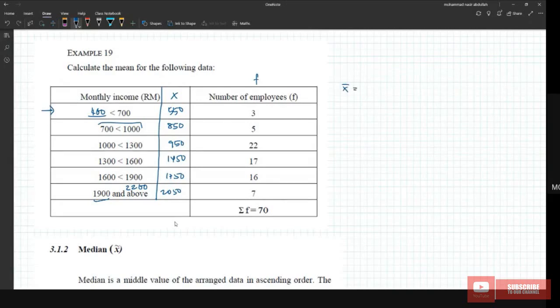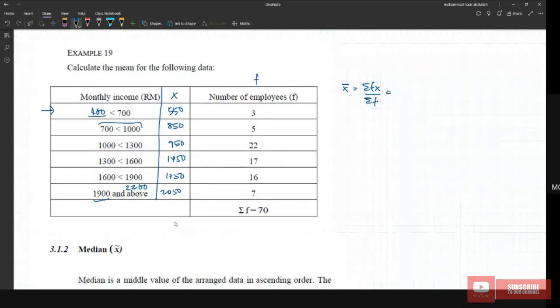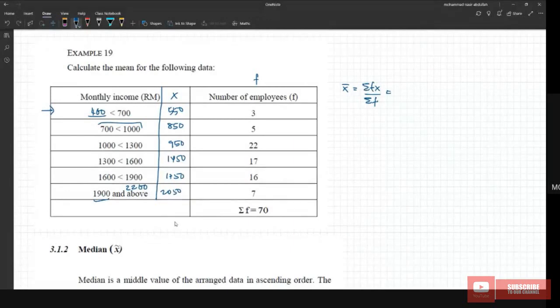Plug it into the formula, summation of fx divided by summation of f. So then you include into the calculator. First you clear all the memory, right? And then press shift mode, press 4 for stat, frequency on, and then press mode, press 3 for stat, 1-variance, and then you key in the values.